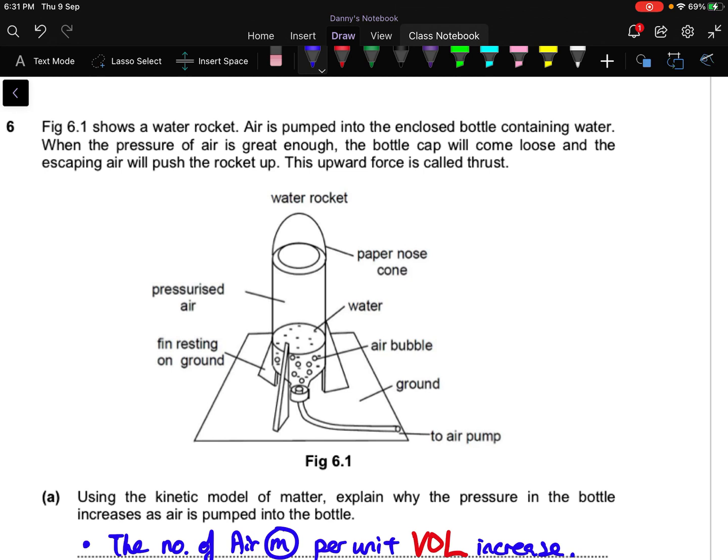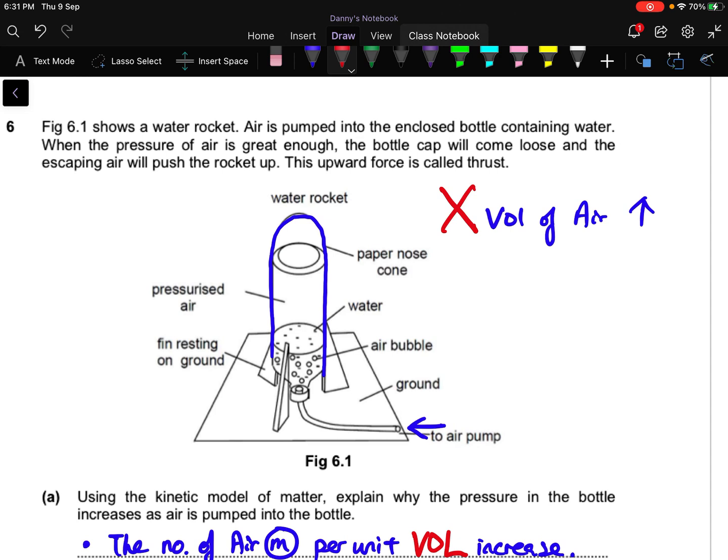some changes here. I know that you guys are not good when it is about air being pumped into a fixed container, because I'm still getting answers whereby you say when air is being pumped in, the volume of air will actually increase.